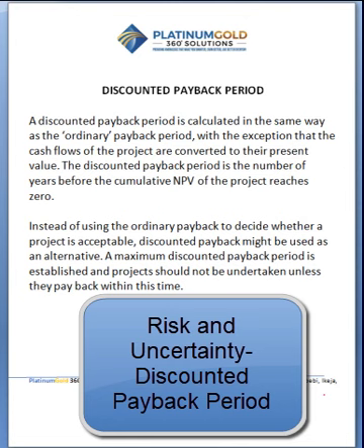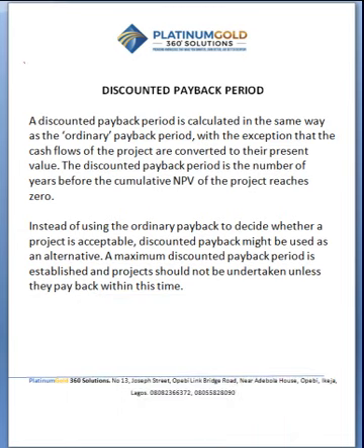Welcome back. The next aspect of risk and uncertainty that we'll be looking at is what we call discounted payback period. It also falls under risk and uncertainties. A discounted payback period is usually calculated in the same way as the ordinary payback period.